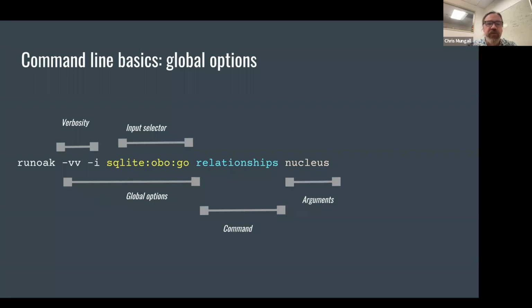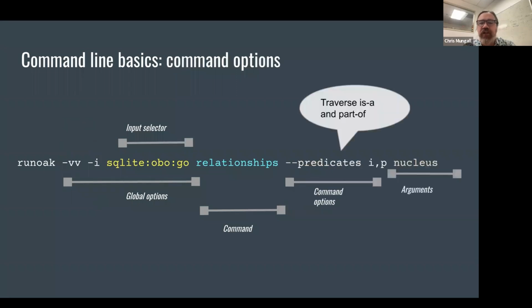But it's just an example of a global option that goes before the main command, in contrast to a command option, which goes at some point after the command. So in this particular case, we're actually passing in a flag to the relationships command that says, okay, only traverse the is-a and part of relationships here. And this is indicated using a double dash followed by the keyword predicates.